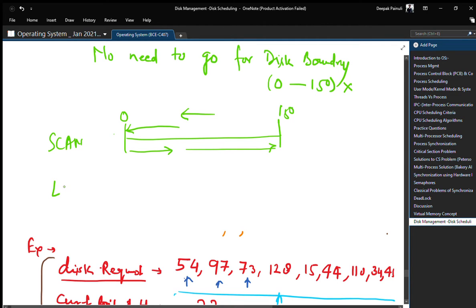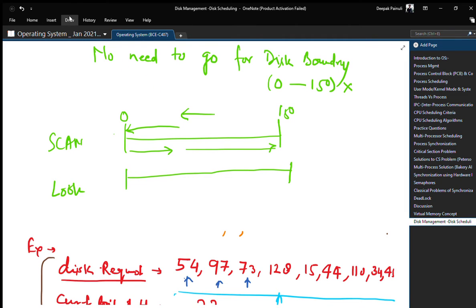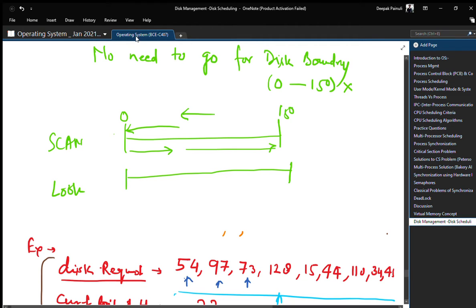But in case of LOOK, it will not touch the boundaries. If it is moving backward, it will move to the last request in that direction, the lowest request, and in the next pass it will move to the highest request in that direction. The head will not touch the boundaries.